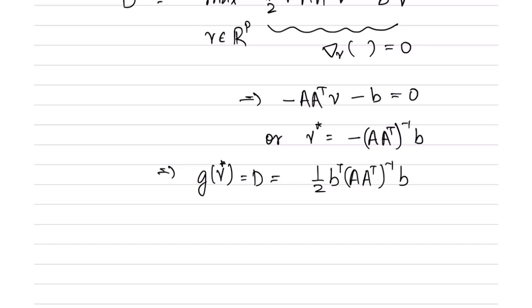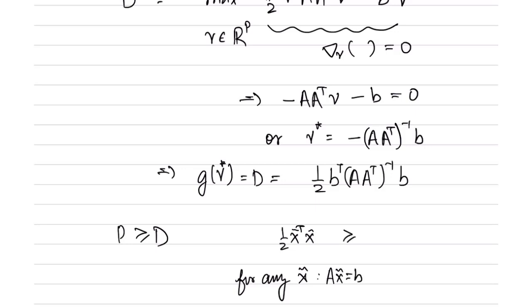So our result that p is greater than or equal to d is essentially saying that half x transpose x, for any x tilde such that A x tilde equal to b, is greater than or equal to minus half b transpose (A A transpose) inverse b.